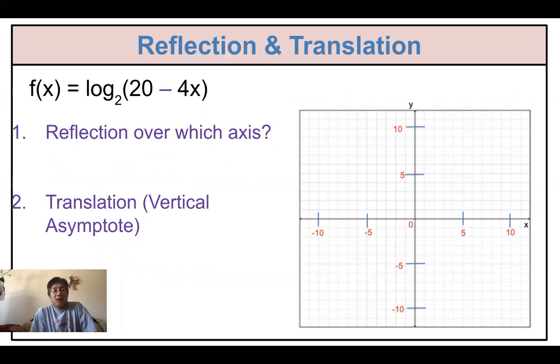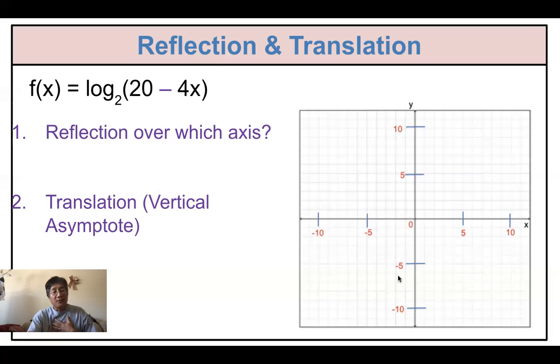If you put this function into the calculator, you can see it, right? But before you put it into the calculator and look at the table, let's figure out where the negative is. In front of the entire function or in front of x? In front of x, right? Then this is a reflection over which axis?